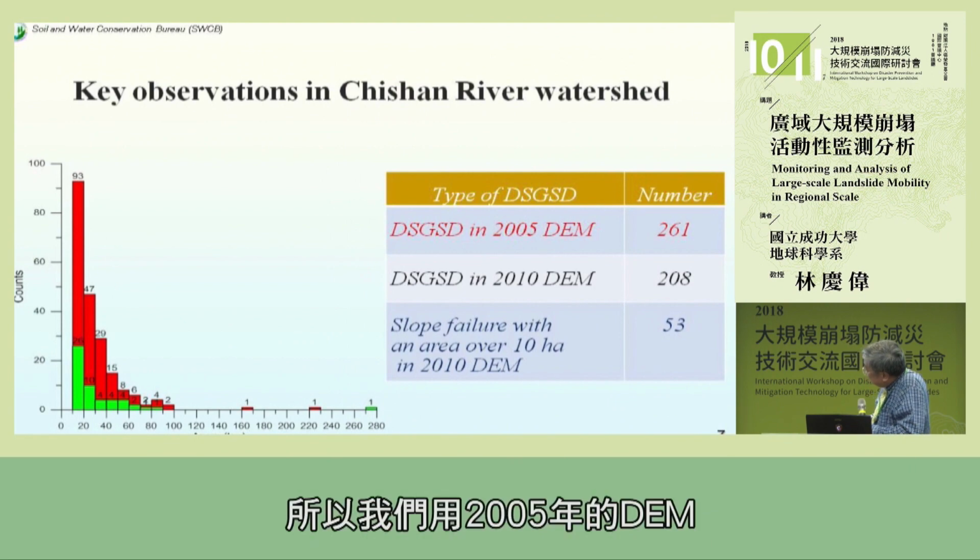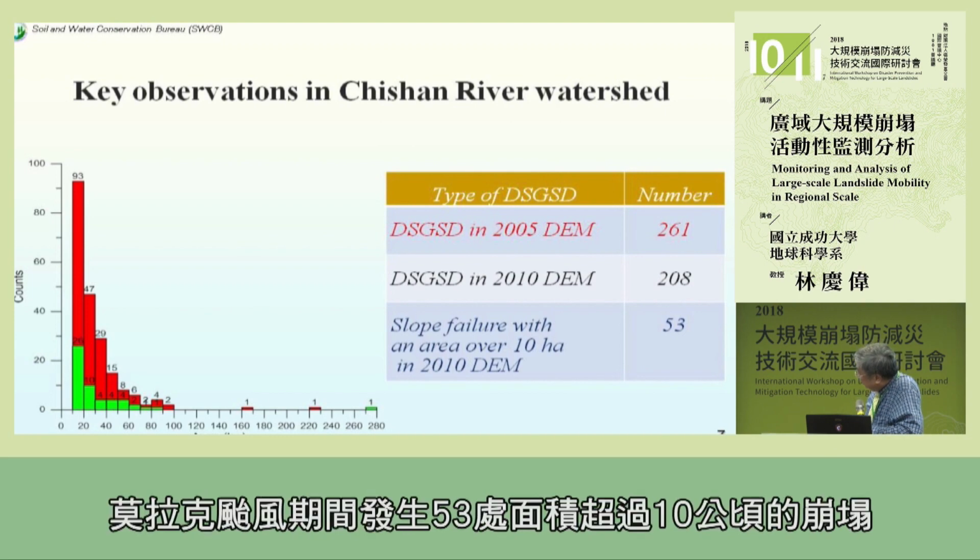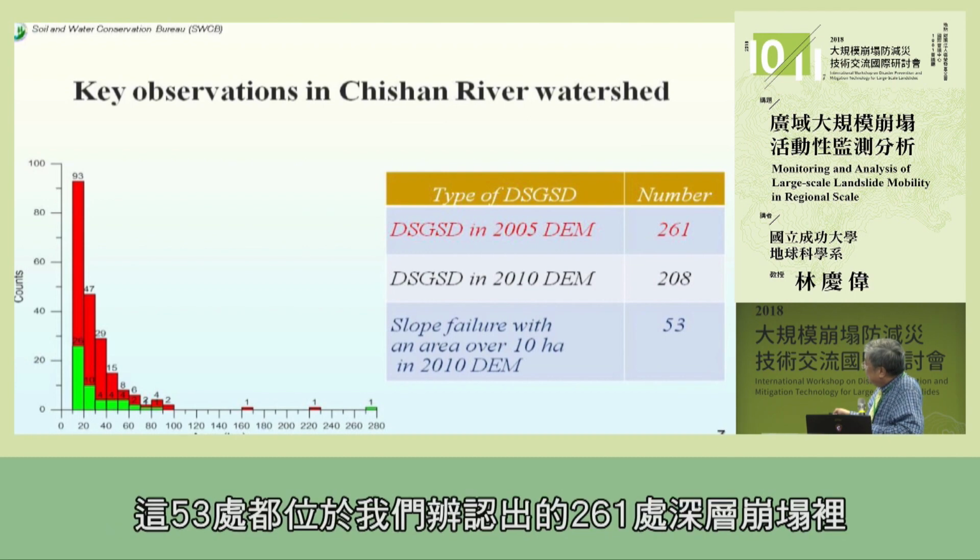So, in the same study area, using the 2005 DEM, we can identify 261 deep-seated landslides. And during the event of Typhoon Morakot, 53 landslides with an area over 10 hectares occurred. All these 53 fall within the 261 deep-seated landslides we identified.